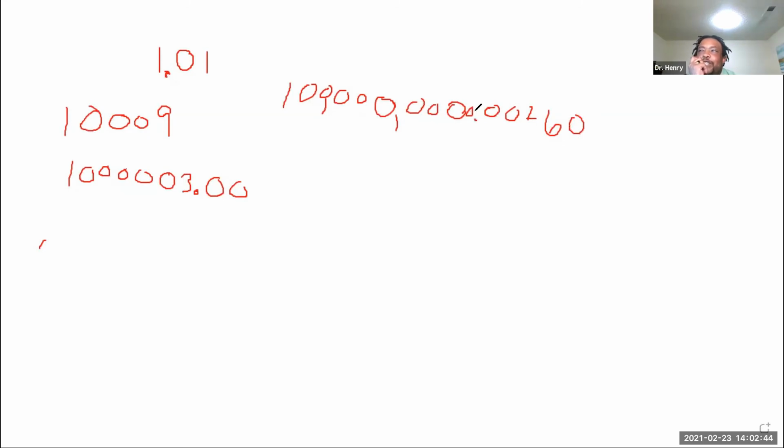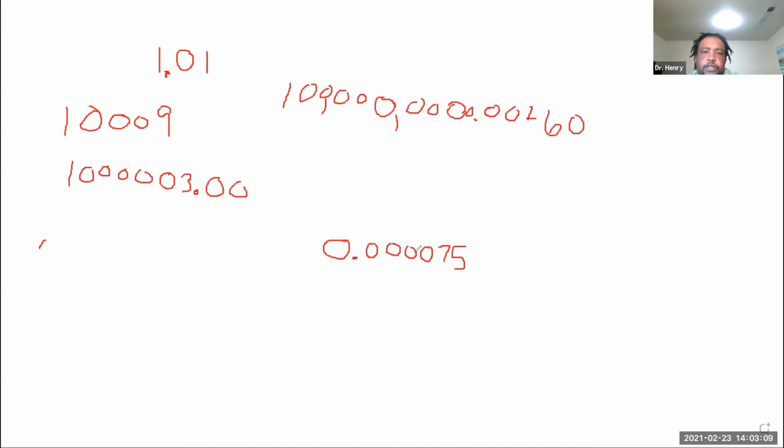So now here's the rule. We have what we call leading zeros and lagging zeros. Leading zeros basically means that if we have zeros in front of a number, these zeros in front aren't going to be significant.